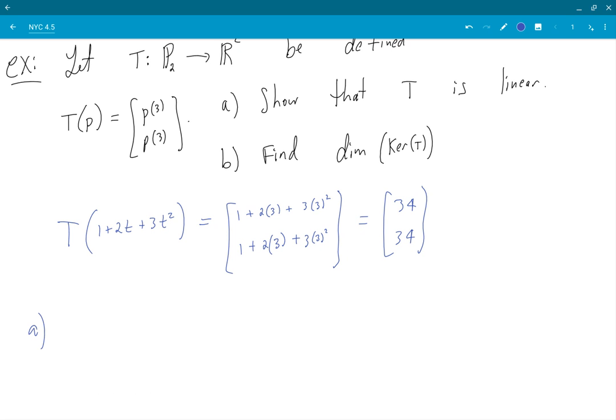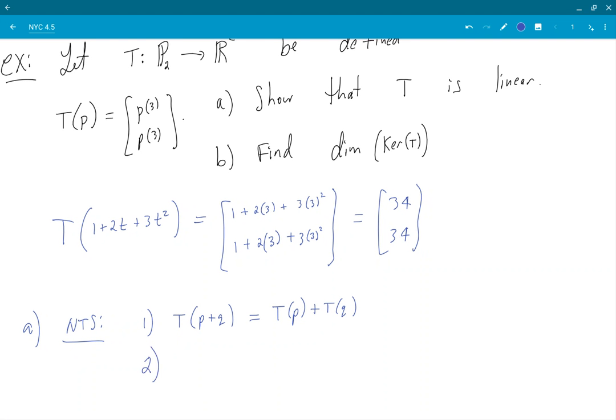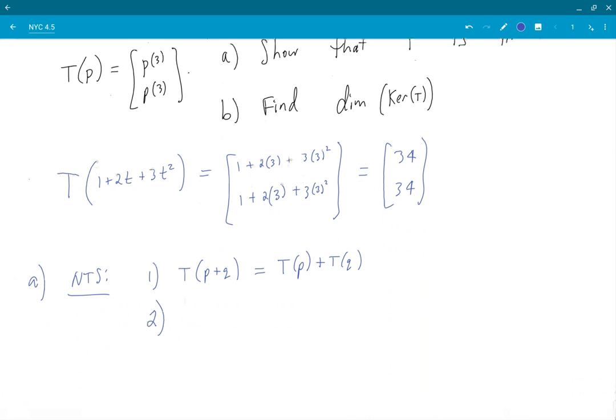Let's see why this is actually linear. So what do I need to show? Need to show that T of P plus Q is always equal to T of P plus T of Q, for all P, Q in my domain.